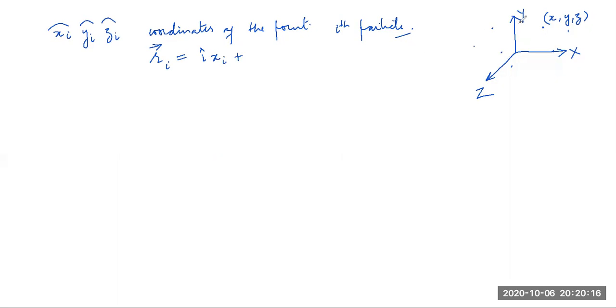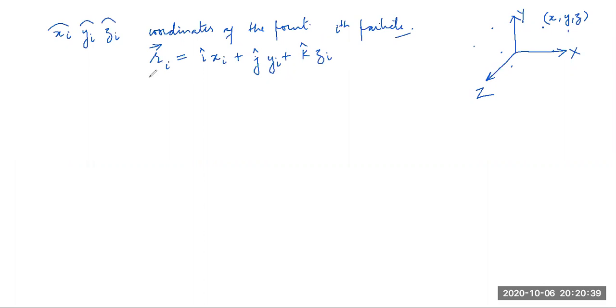What is the unit vector along the y-axis? j cap, yi, plus along the z-axis, k cap, zi. Beautiful. That's great.